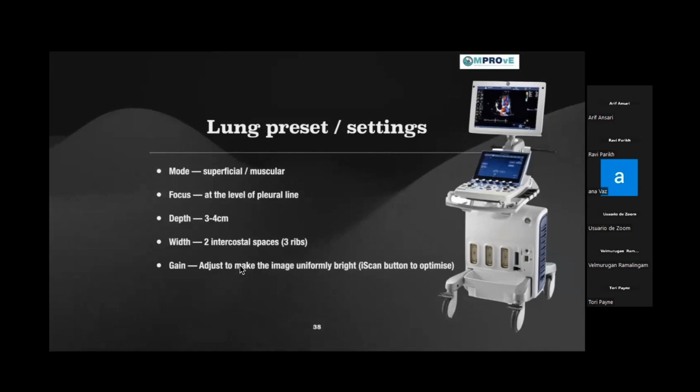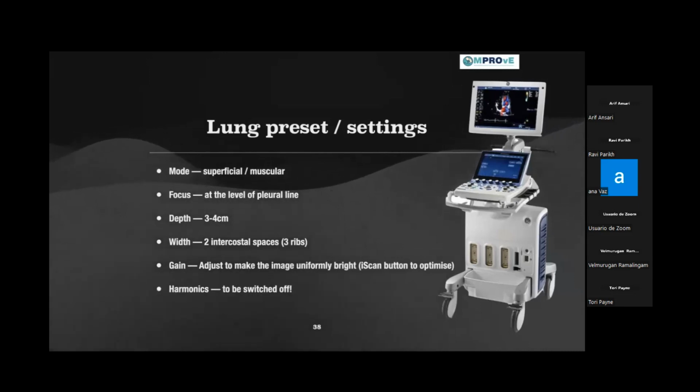And gain. I like to think of gain as how uniformly bright your image is. I will not go into the nitty-gritty of how you change the gain; I'm sure Alok will talk about that. But just think how uniformly bright.